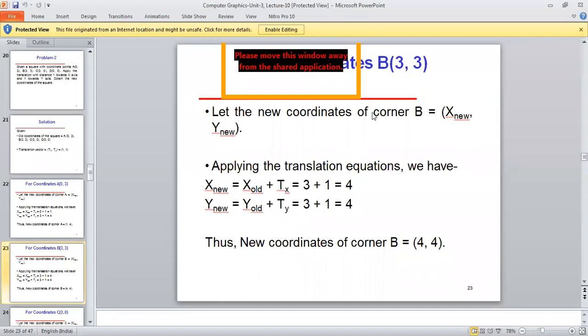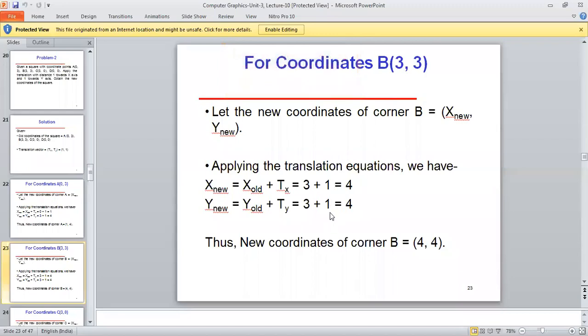Here 3 plus 1, tx is 1. Again y old is 3 here because we are calculating for vertex B, and tx and ty are the same, already given in the problem. Now 4 and 4, so the new coordinates for corner B, or vertex B, are 4, 4.